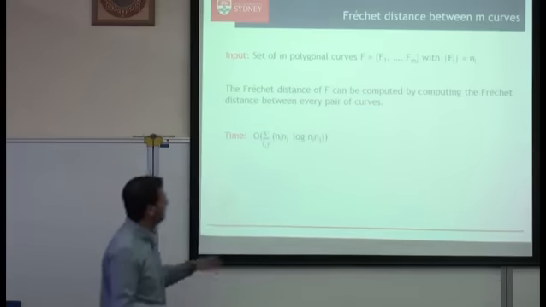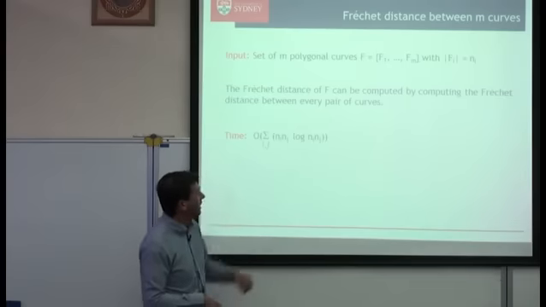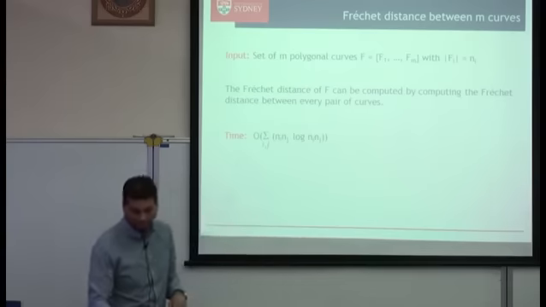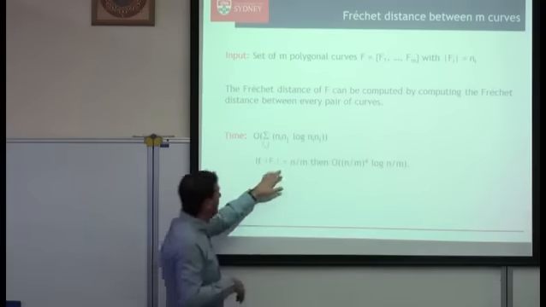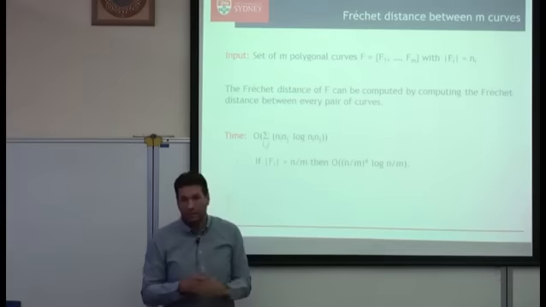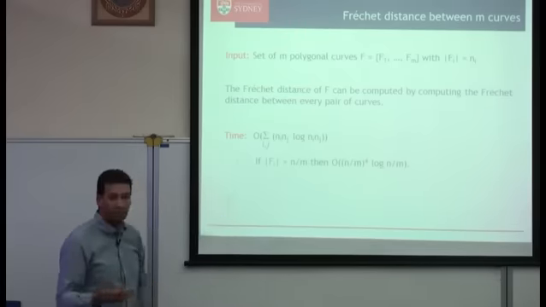That you can do in n_i times n_j log n_ij, and you have to do this for every pair. So if f_i is some n divided by m, then we get a running time like this. So this is not really a good solution. Is there anything we can do?